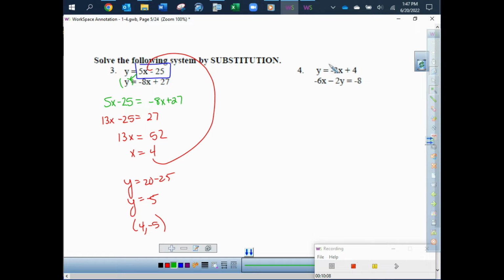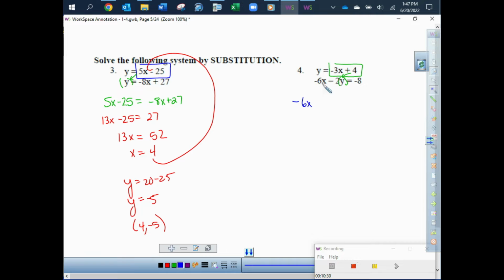We'll do it with one that's got a variable all by itself. It doesn't have to be y. Sometimes it's an x that's all by itself. That means you would sub stuff in for x, but in this case it's a y, so I need to take what's in the box and put it in for y into this bottom equation. I always tell people to just rewrite this bottom one, take what's in the box and put it in parentheses.